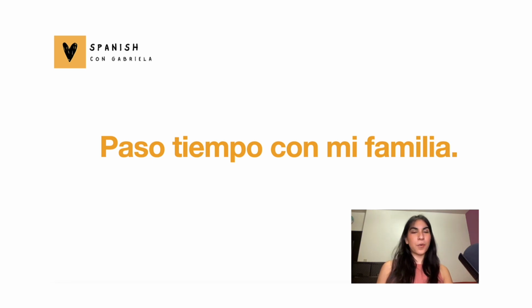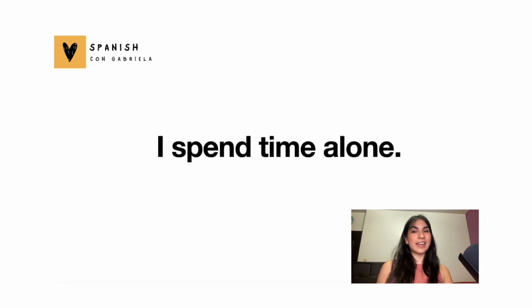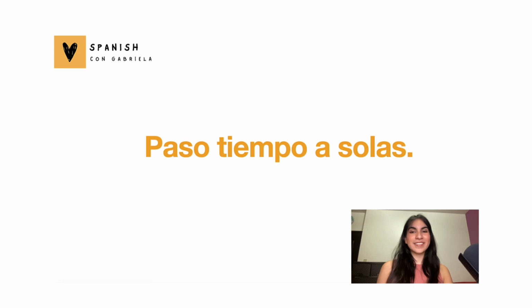Okay, and what if we want to say alone? In Spanish, we say a solas. A solas. So if we say I spend time alone, how would you say that in Spanish? Good. Perfect. Paso tiempo a solas.